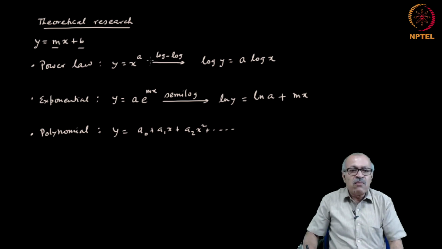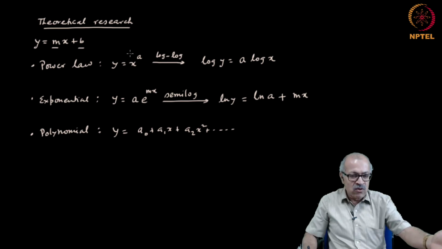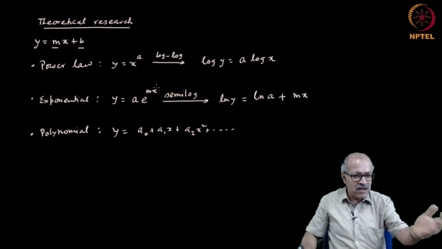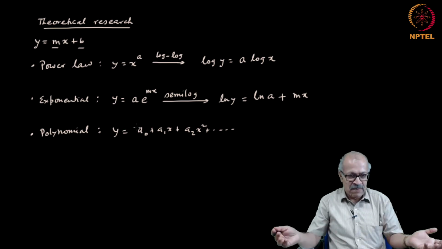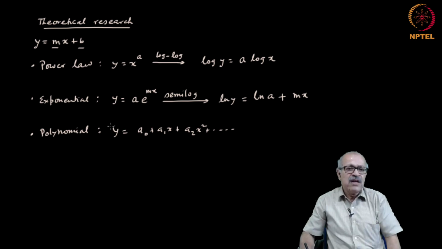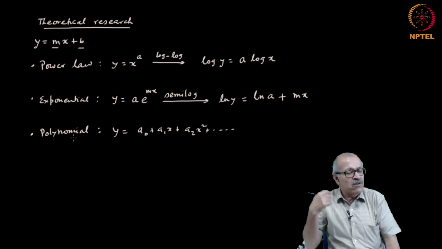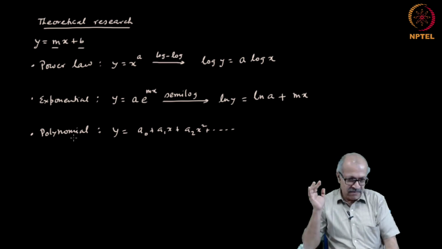If it is a form like this, then a theorist can try to find out why it should be so. If it is like this, then also the physicist can try to find out why it should be so, but if it is like this, one cannot. So, in general, even though any graph can be fit into the polynomial form, it does not really lead to much insight, and therefore, we normally do not do it.